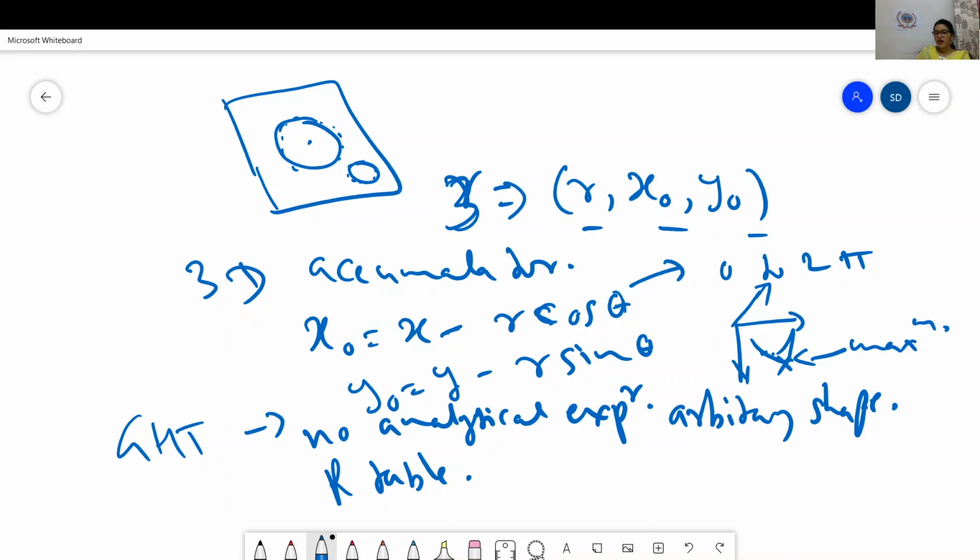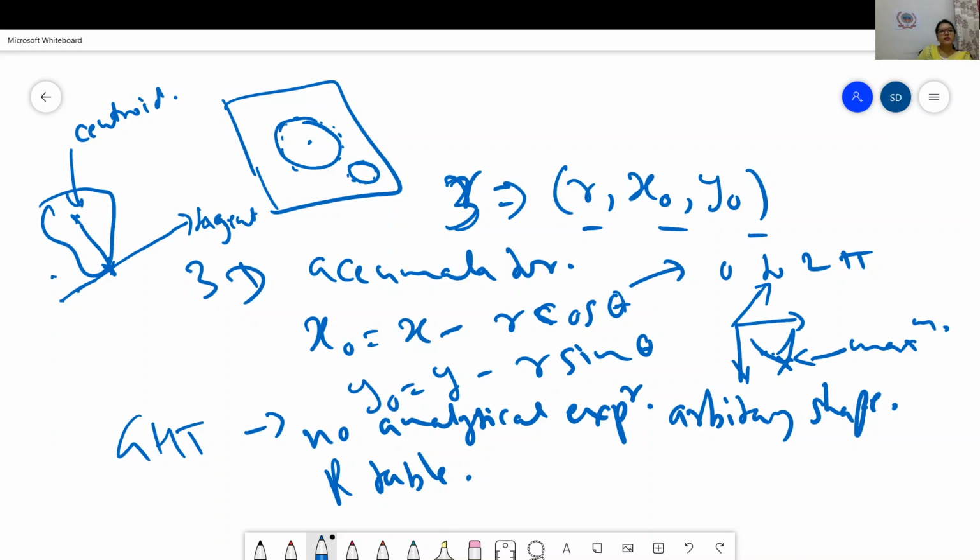Let us say this is some kind of arbitrary shape. In that case we will calculate that this is a tangent, and this is a centroid. From this centroid, at this particular point there is a tangent, and there is a normal to that tangent.